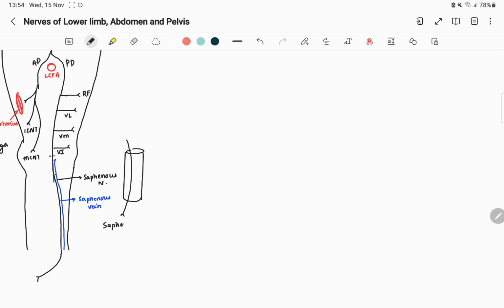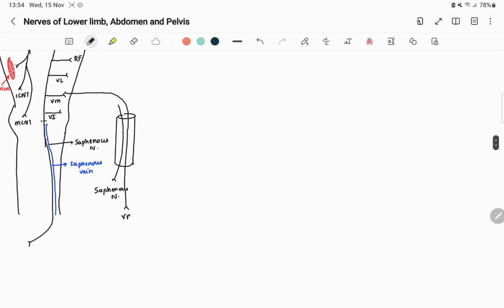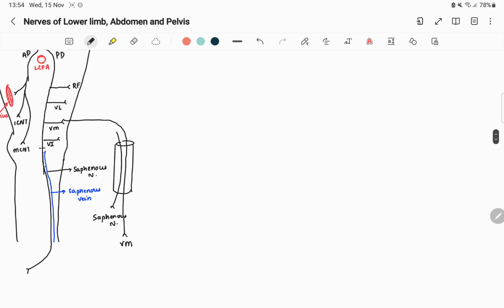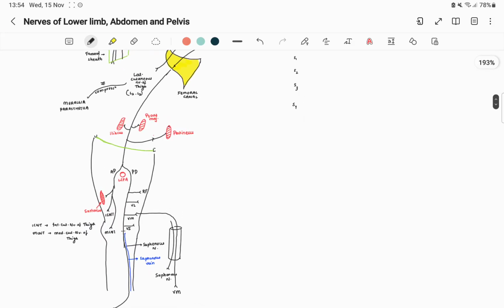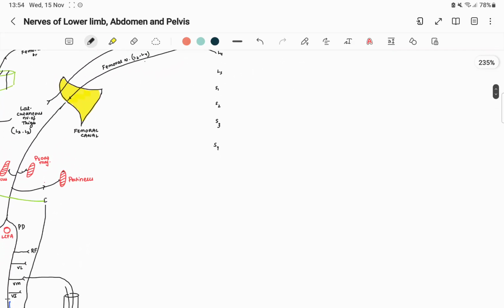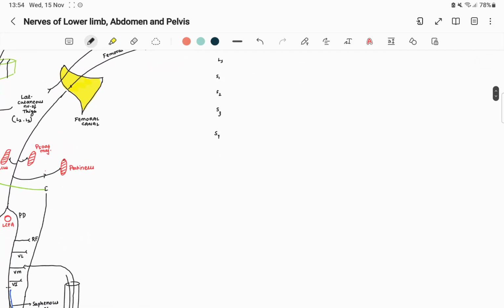I'm relating it with your theory part because it is a revision session. The saphenous nerve and the nerve to the vastus medialis also go through the adductor canal. Another nerve we'll see in a while is the genicular branch of the obturator nerve. Understood? So this is your femoral nerve, running through these parts.